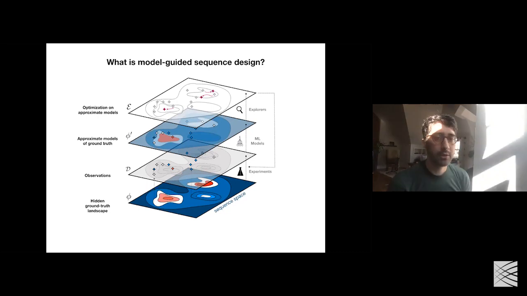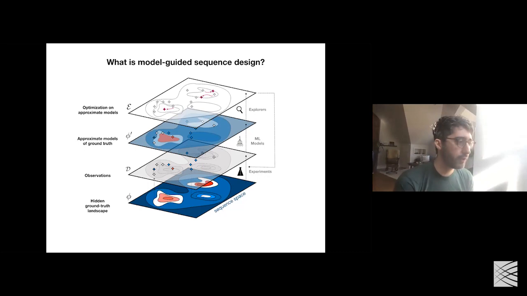I want to also mention that there is somewhat of a tension between sampling such that you learn an accurate map of the entire space, which is called active learning, so you want to improve your model quality, and sampling such that you're likely to find quickly very high-performing sequences. These don't necessarily clash, but there is a little bit of tension about this.